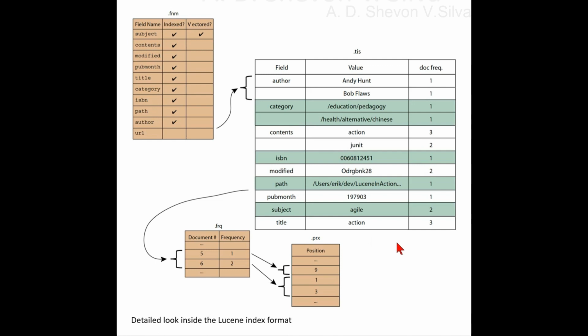For each term in the .tis file, the .frq file contains an entry for each document containing the term. Here in our sample index, two books have the value JUnit in the contents field.